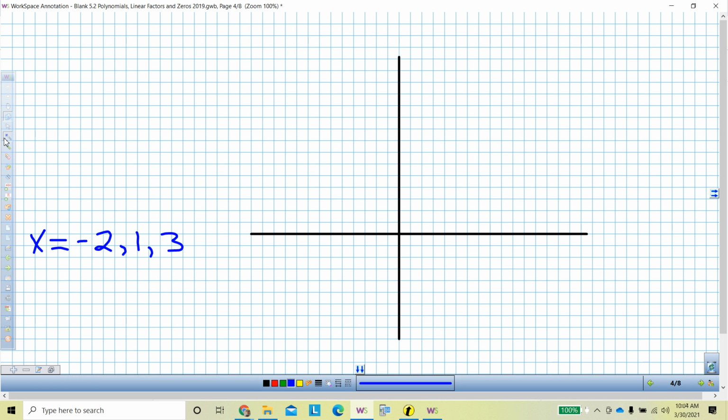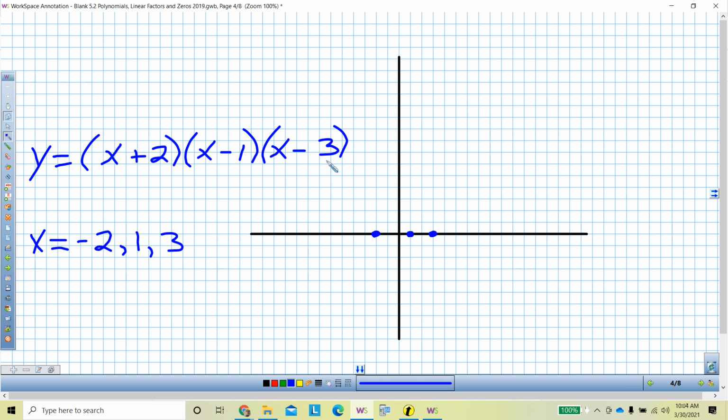So, we have zeros of -2, +1 and +3. All you have to do is throw it right on the x-axis. That's what a 0 means. So as we look at our original problem here, if I just think about the x's and multiply only the x's together, I'm going to end up with +x cubed.